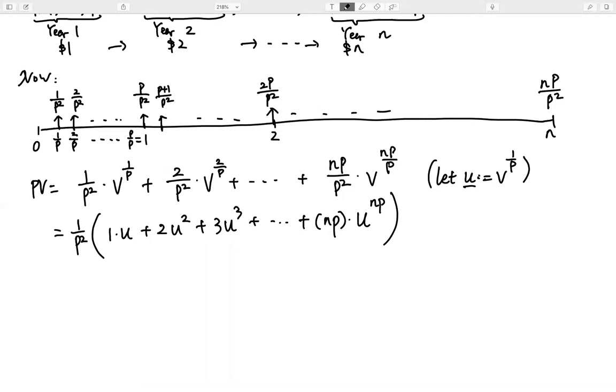So this looks very close to what we studied before, right? This is an increasing annuity, because this is a discounted annuity immediate.